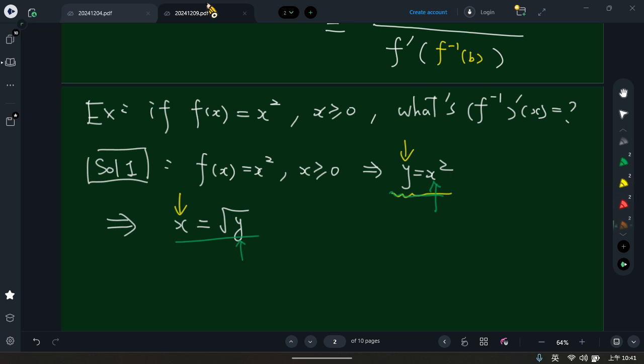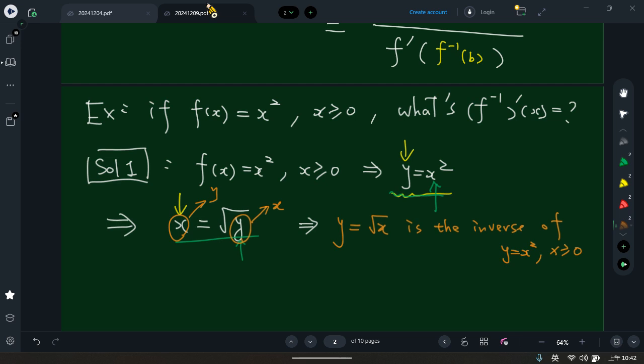So we just change y as x and x become y, so that we can get y is equal to square root of x, which is the inverse of y is equal to x squared, x is positive or equal to 0.